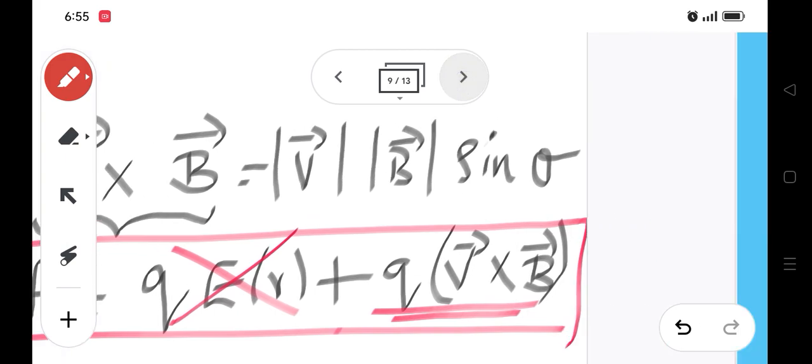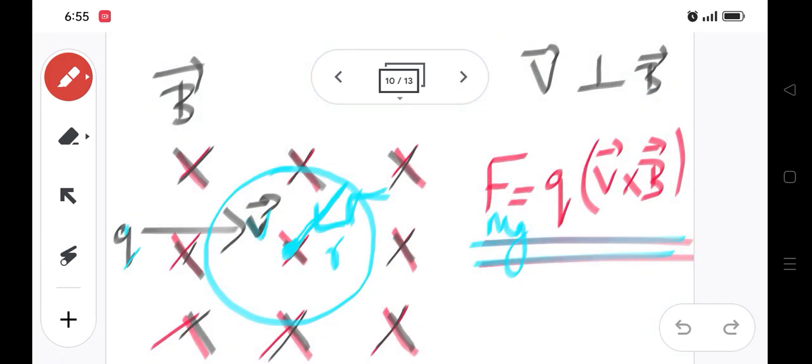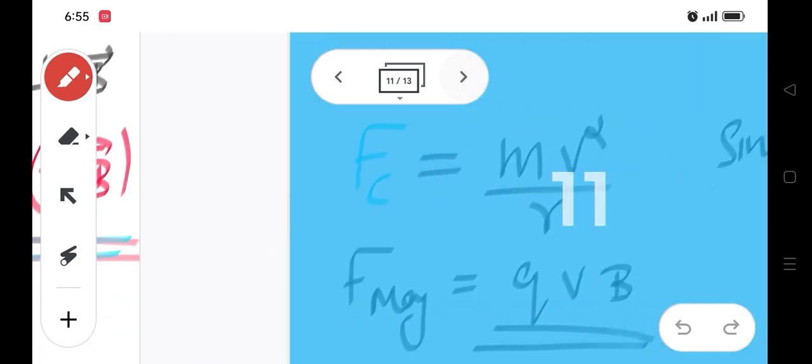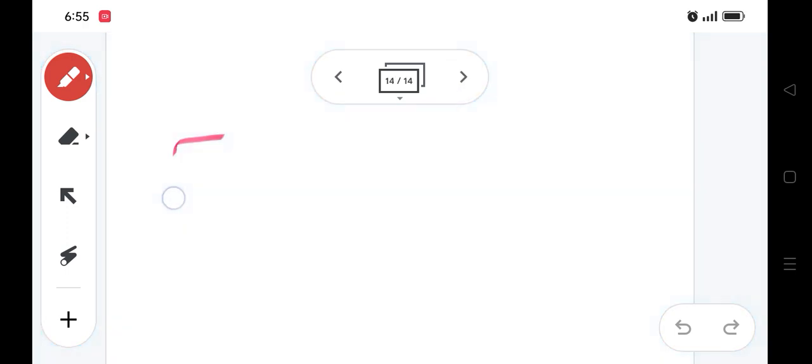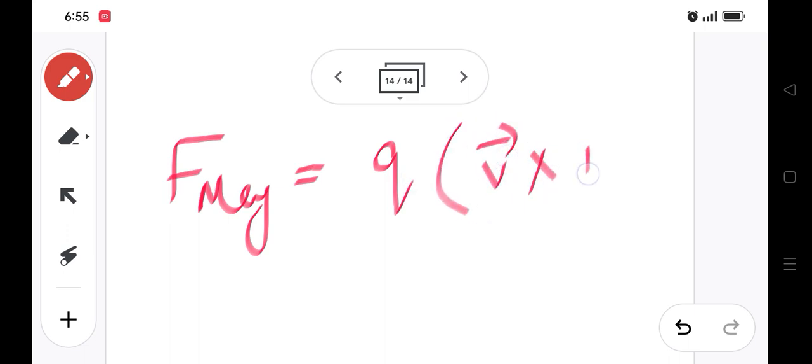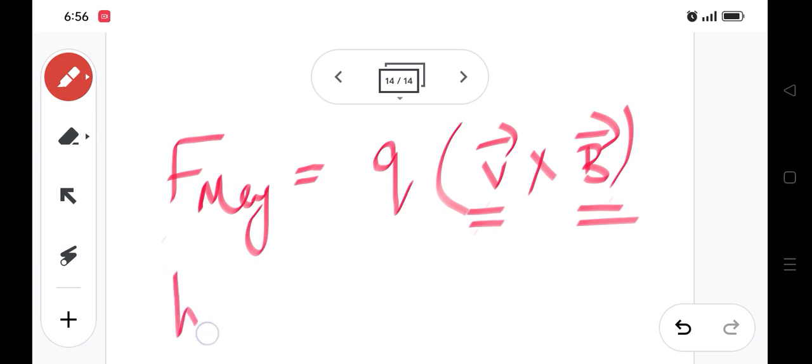And one more thing you should note: the magnetic force is equal to Q into v cross B, so this magnetic force is perpendicular to v as well as B, since it is the cross product of v and B. Now, when calculating work done, work will be magnetic force into displacement.